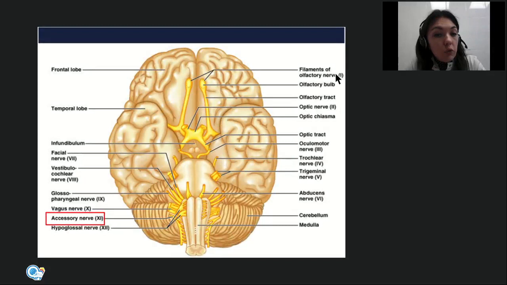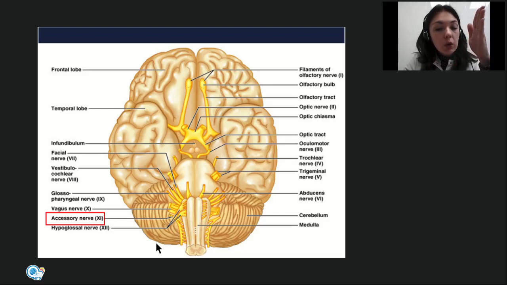There are two roots in the accessory nerve, cranial root and spinal root. The cranial root leaves the brain through the retroolivary sulcus, and the spinal root leaves the spinal cord in the posterolateral sulcus of the spinal cord, yes?